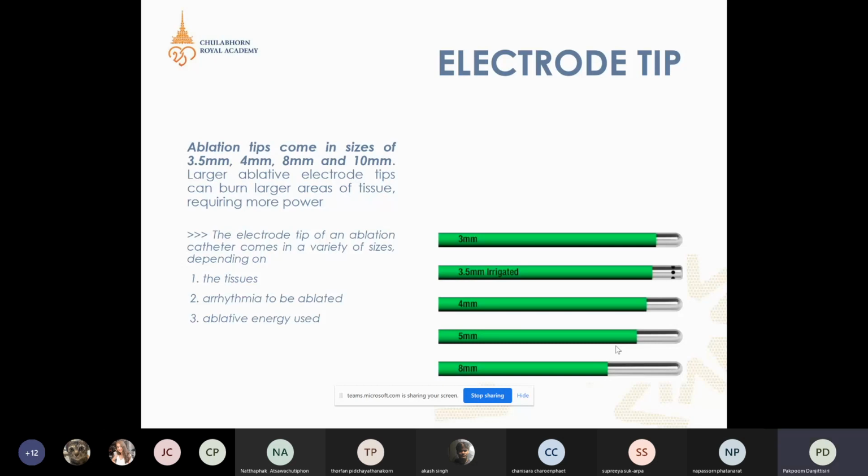Okay, and what about the 4 millimeter? The 4 millimeter is standard to use in general arrhythmia, let's say SVT. For SVT ablation or atrial tachycardia ablation without an irrigated tip ablation catheter, we often use the 4 millimeter, and definitely for PVC as well.